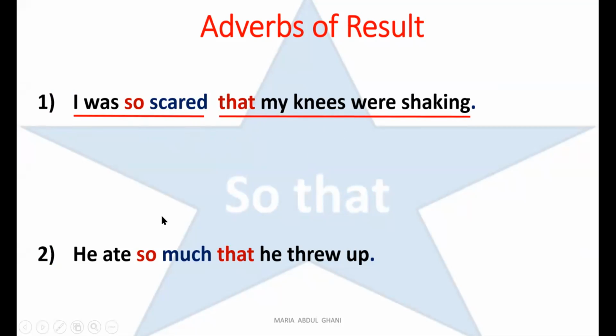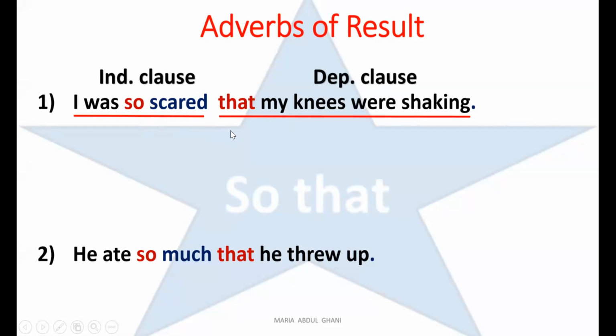Here in this one, we use adjective plus that in order to deliver the result. I was so scared. What is the result? After being scared, the result, my knees started to shake. So here's the independent and here the dependent. We use this for giving the result.